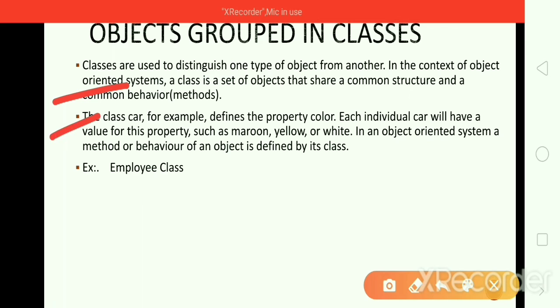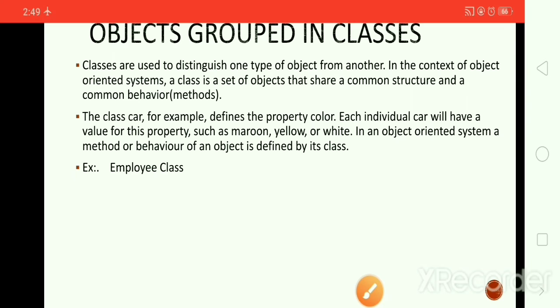The class car defines the property color. Each individual car will have a value for this property, such as maroon, yellow, white.